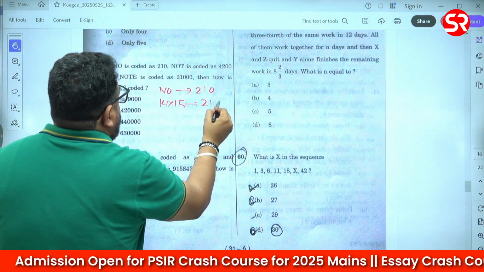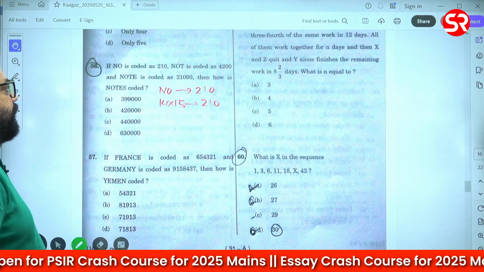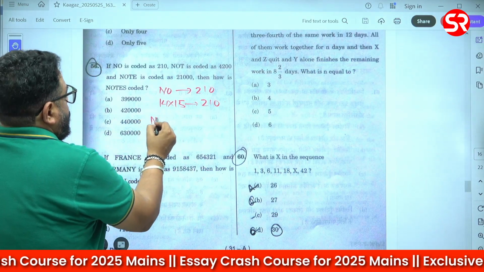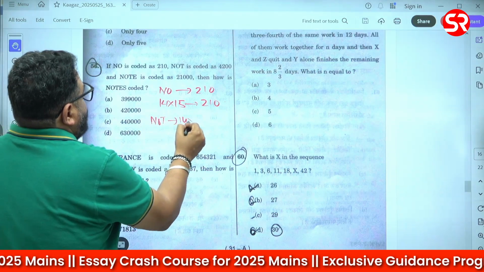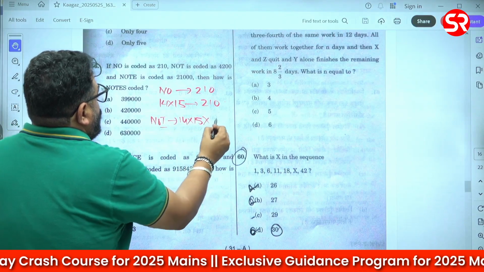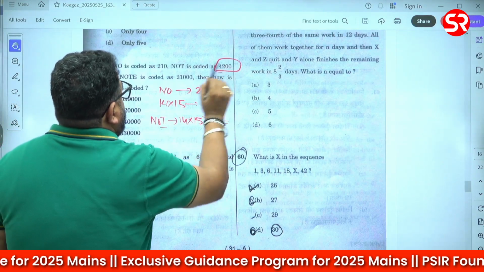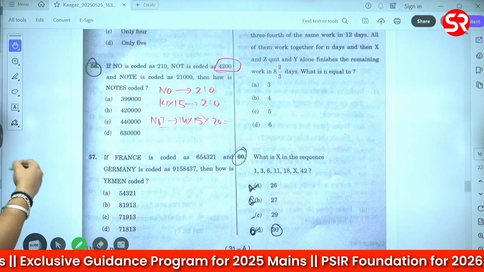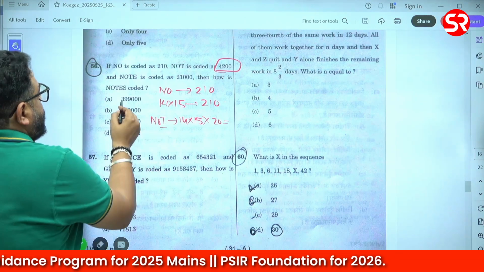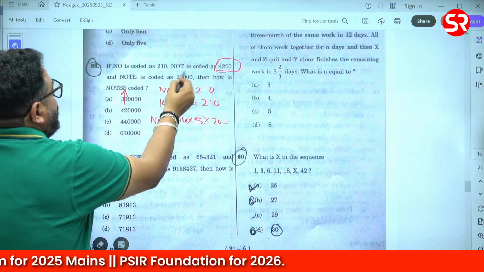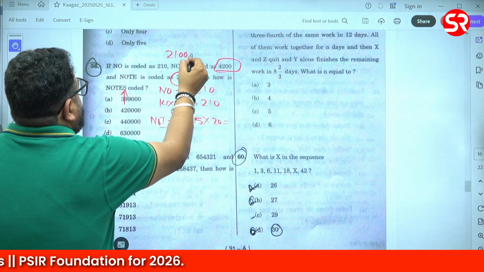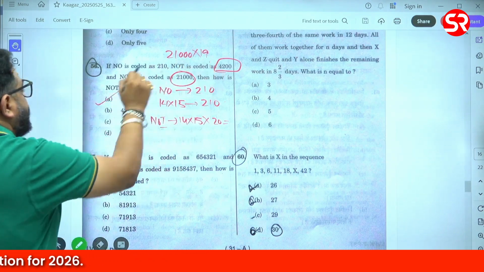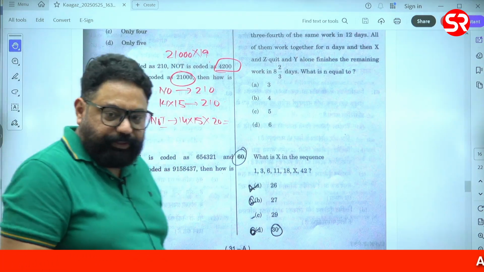Code of N is 14, O is 15. NOT is 14 into 15 into T is what, 20, 20. So obviously, you know, their codes are being multiplied. What is the code of S? 19. It is 1 double 9 triple 0.